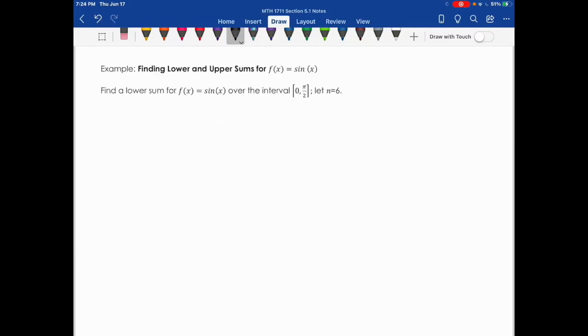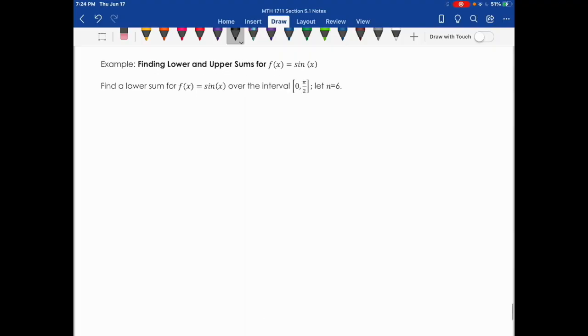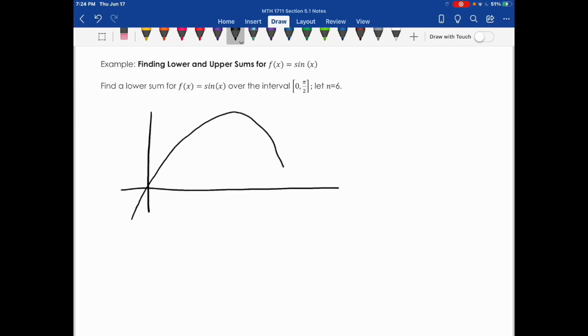Let's look at this last example. We're going to find a lower sum for the sine x over the interval from 0 to pi over 2, and this time we're going to do 6 rectangles. So our sine function looks like this.